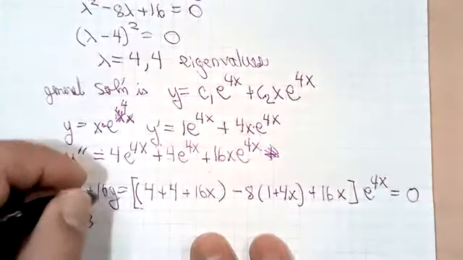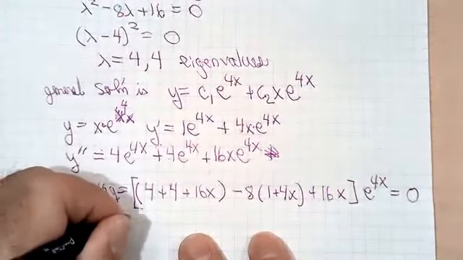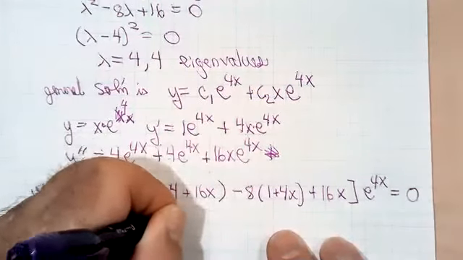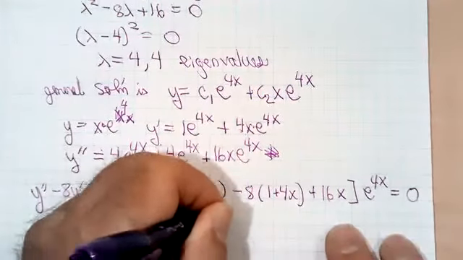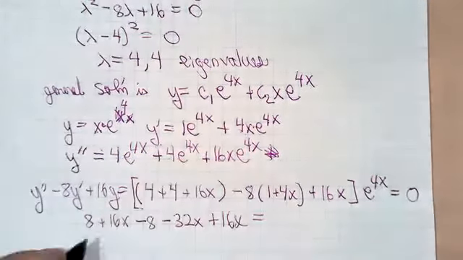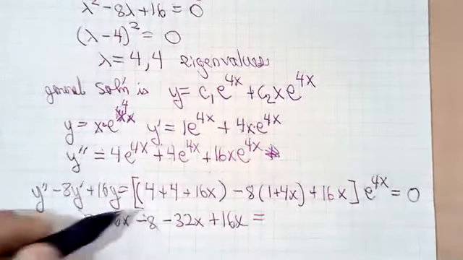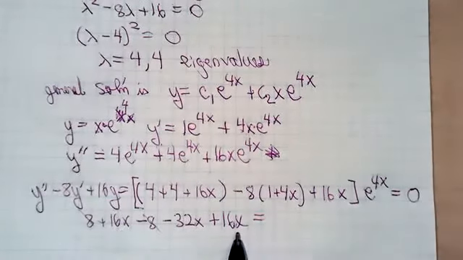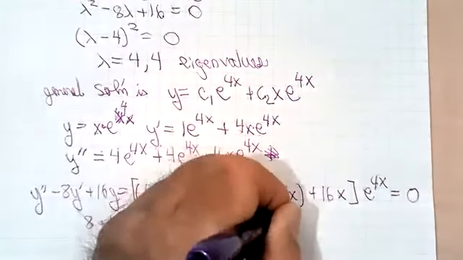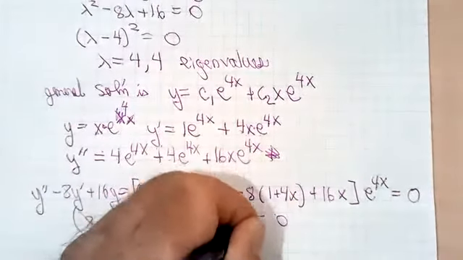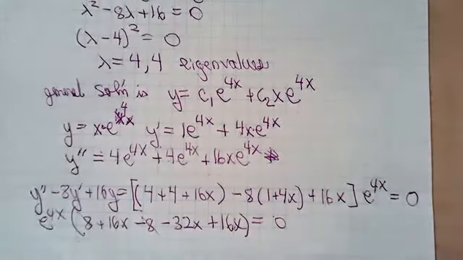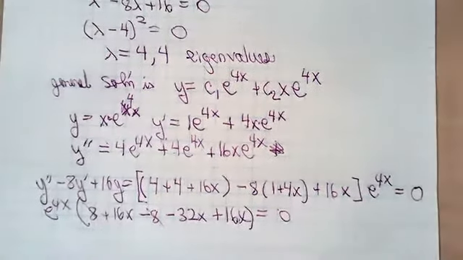We have 8 plus 16x minus 8 minus 32x plus 16x. And I believe that adds up to 0, right? 8 minus 8 is 0. 16 and 16 make 32 minus 32. Sure enough, that is just 0. Oh, and I ignored my e to the 4x, but it's e to the 4x times 0, which is 0. So it worked.